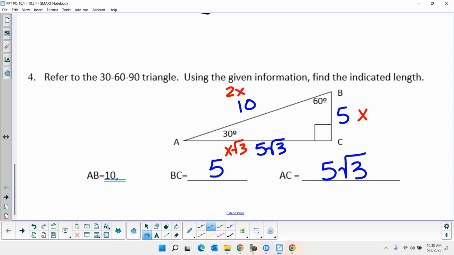So if you know this one, divide by 2 to get here. If you know this one, multiply by 2 to get here. That's right. Oh, yeah. I don't want this answer though. I want the 5 radical 3.